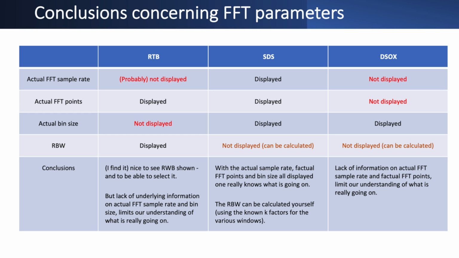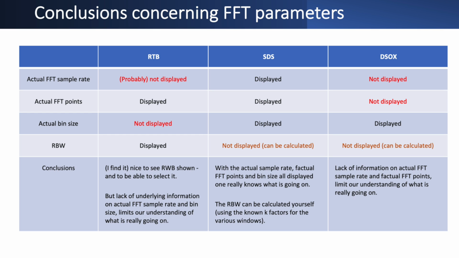The Siglent SDS is doing quite well in respect of information, giving us all the essential information. We don't get to see the resolution bandwidth, but of course we can calculate that ourselves. Should it be shown there, that would even be nicer, but I'm fine with this solution. And finally, the Keysight DSOX.